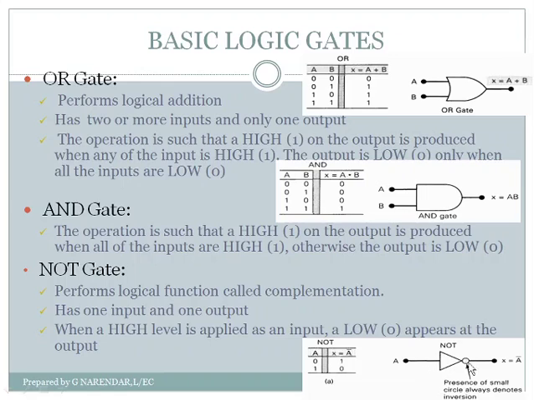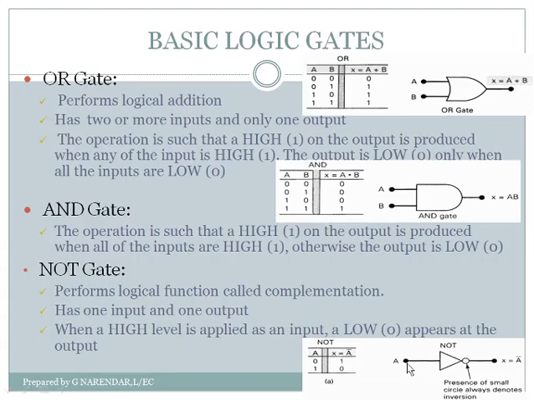So here the input variable is defined with the letter A, and the output variable is defined with the letter X, and since it performs the complement operation, the output will be A complement, A bar. So output X equals A complement. This small circle always indicates that there is inversion between output and input.